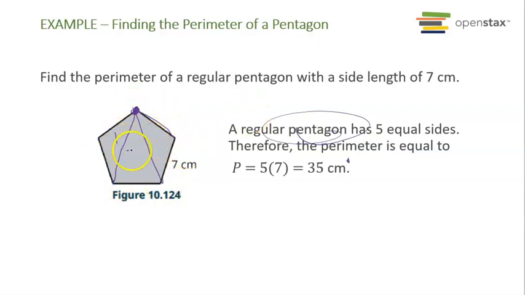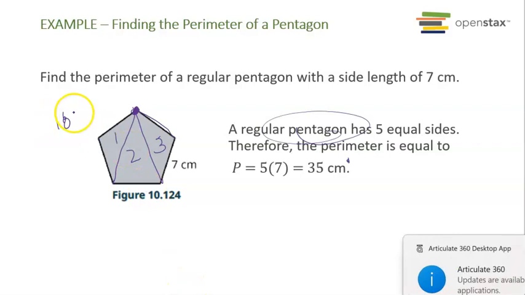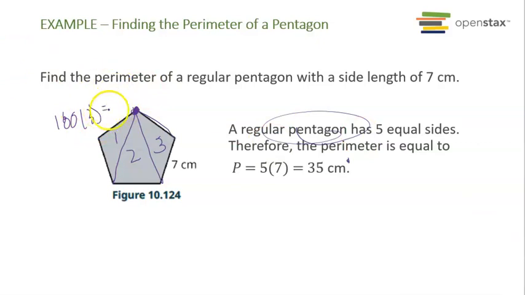I got 1, 2, 3 triangles. Every triangle has 180 degrees. So that means this is 180 times 3, which is a number that is now coming into my head, 540.